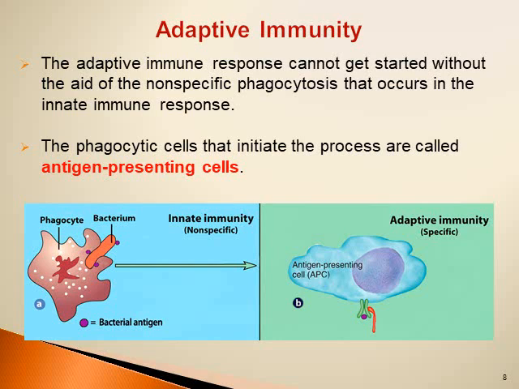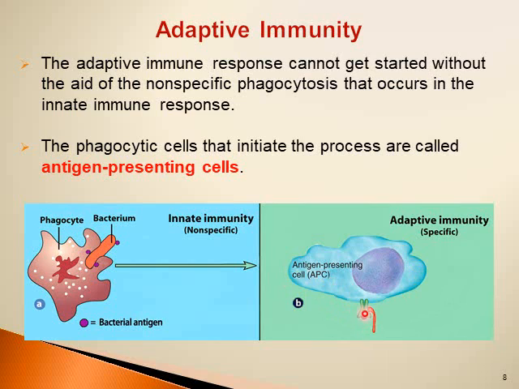So we need the phagocytes of the innate immune response to present the antigen to the cells of the adaptive immune response. Here, as you see, a bacterium with the epitopes or antigens will be engulfed by phagocytes, and then these phagocytes will present the bacterial antigen to the cells of the adaptive immune response, and we call these cells the antigen presenting cells, the APCs.